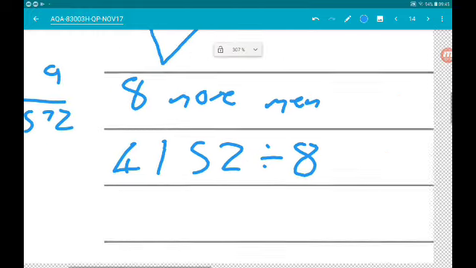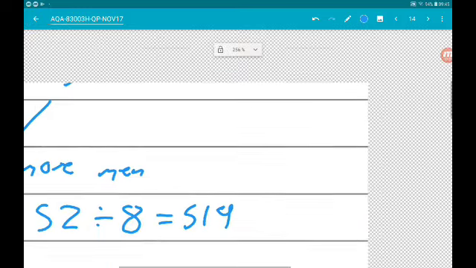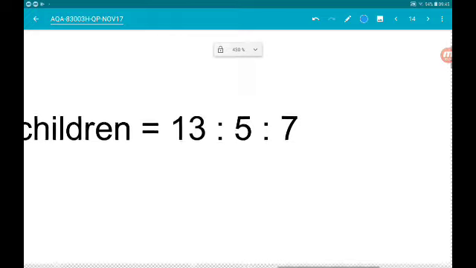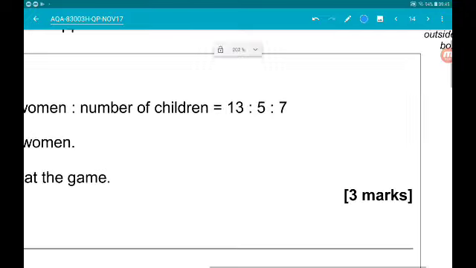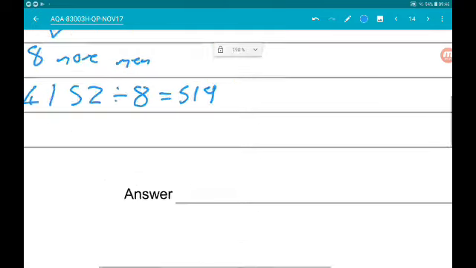So that tells us there are 519 lots of this ratio. So 519 lots of 13 men, 519 lots of 5 women, most importantly though, 519 lots of 7 children.